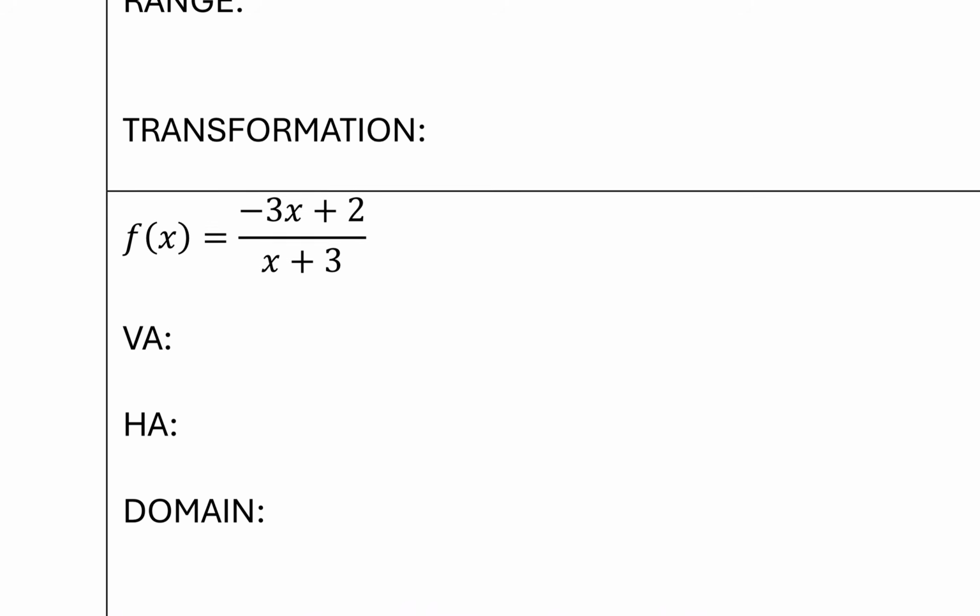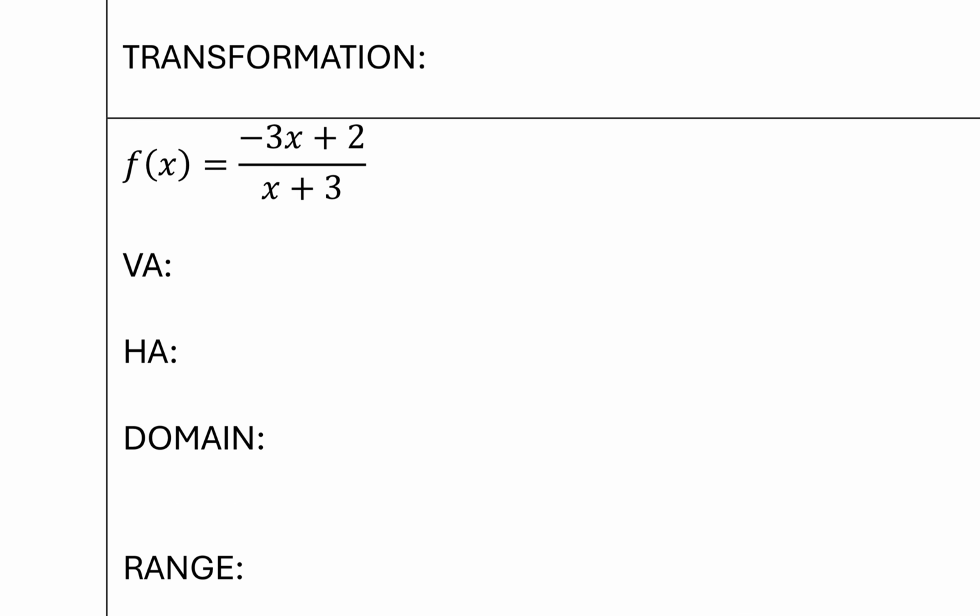For the second one, we have to divide negative 3x plus 2 by x plus 3. So we ask ourselves, what do we multiply to the 1x, the first term, to get to negative 3x? Well, in this case, I multiply by negative 3. Then we multiply this negative 3 to both terms outside.